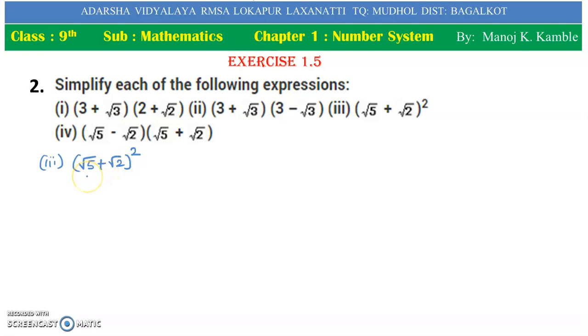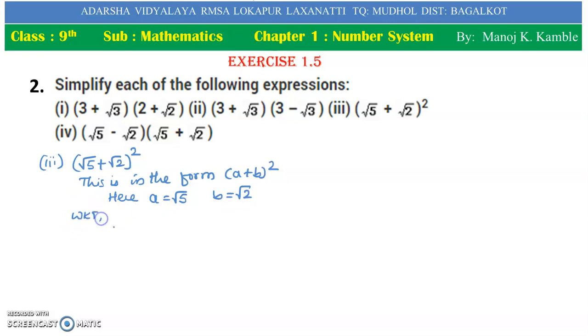This also looks like a plus b bracket square, so this is in the form of a plus b bracket square. Here a means root 5 and b means root 2. So now apply the identity.